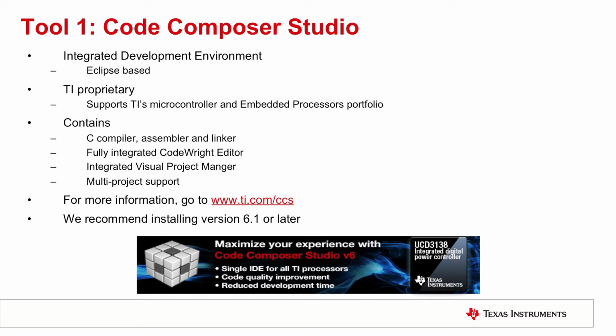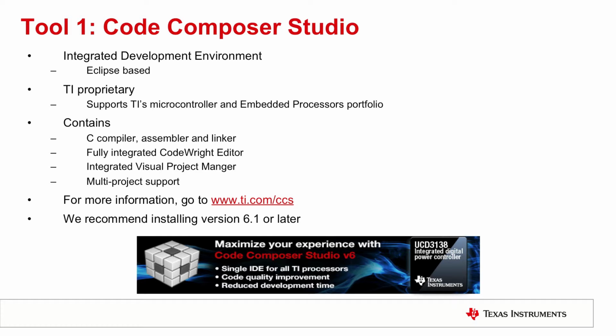Now for an overview of the first tool, called Code Composer Studio. It is an Eclipse-based integrated development environment. It supports all of Texas Instruments' microcontroller and embedded processors portfolio. It contains a C and C++ compiler, assembler, and linker, a fully integrated CodeWrite editor, and an integrated Visual Project Manager with multi-project support.